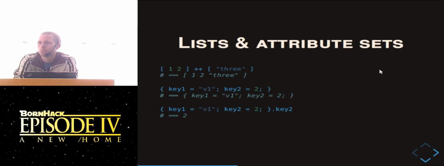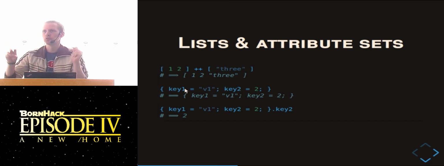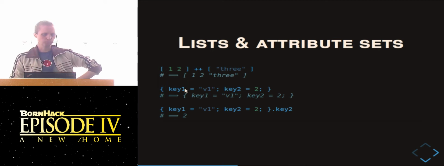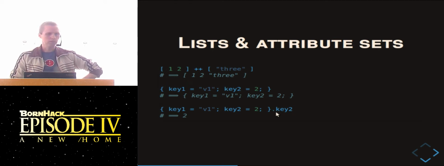You can think of them basically like maps, very similar in formatting to JSON. It just allows you to skip the quotes if you have a simple key name that's not containing any strange characters like space. And you can dereference a key by using this dot operator. So I think this is not anything super strange.